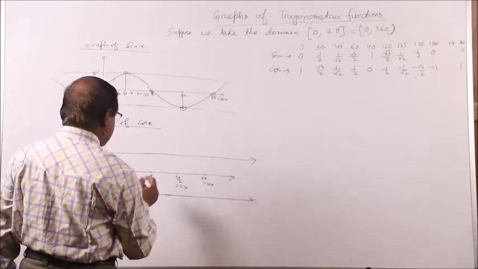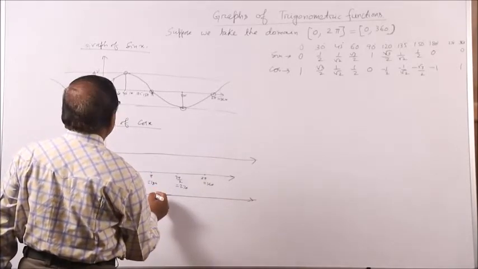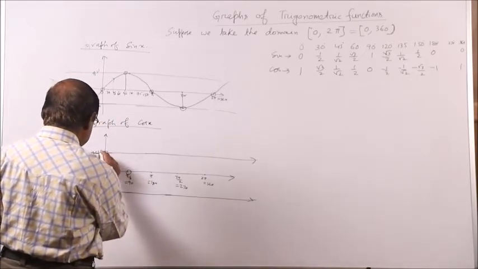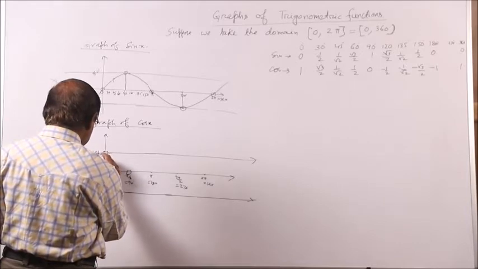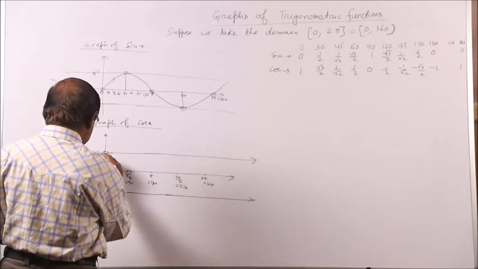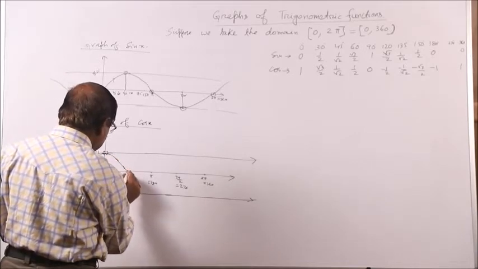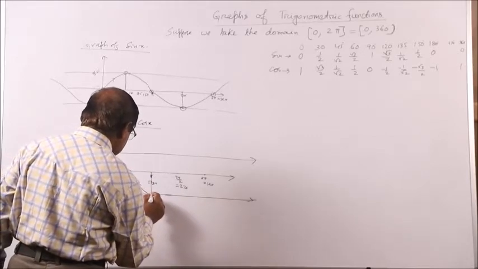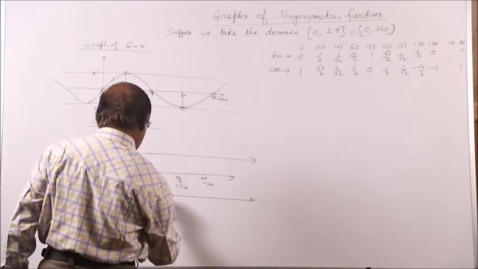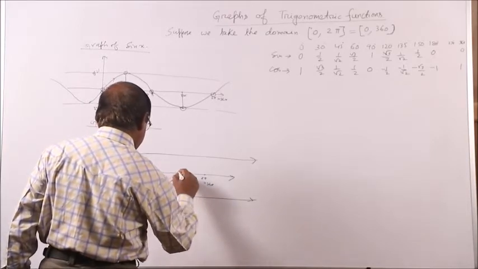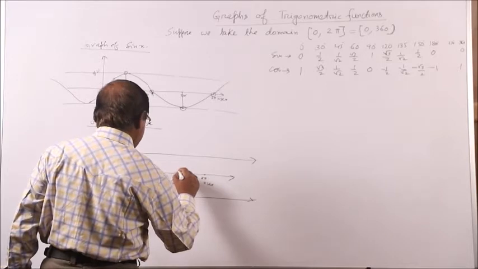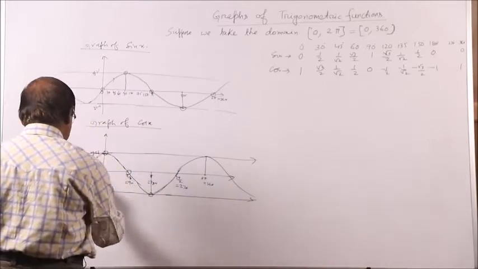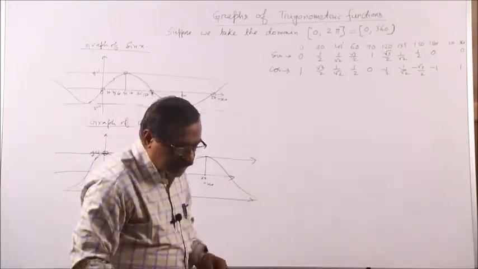Cos 180 is -1, this point. So these are the graphs of sine and cos.